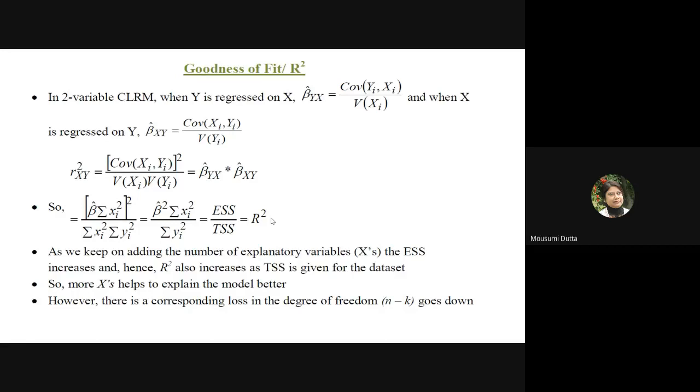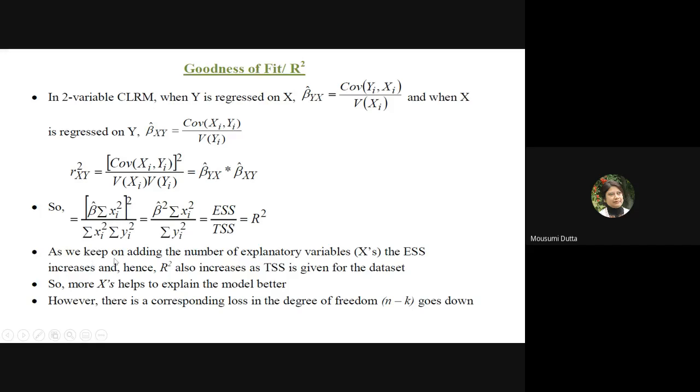However, if we consider more than one explanatory variable, all R square will indicate different meanings. So generally, we present the measure of goodness of fit using the multiple R square. Okay. So ESS by TSS is the natural measure of goodness of fit, which is beta hat square summation xi square divided by summation yi square.